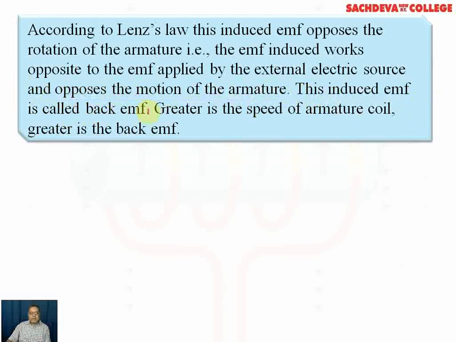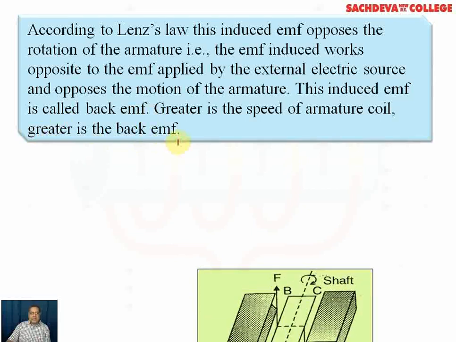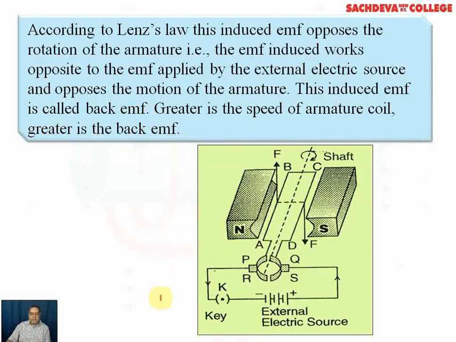The greater the speed of the armature coil, the greater the back EMF. When we say the speed of the armature coil, obviously it will be angular speed. So in the diagram, again you are watching the external electric source, a key, and a coil ABCD, and F are equal and opposite forces. These equal and opposite forces give rise to a couple, and the couple compels the rectangular coil to rotate.